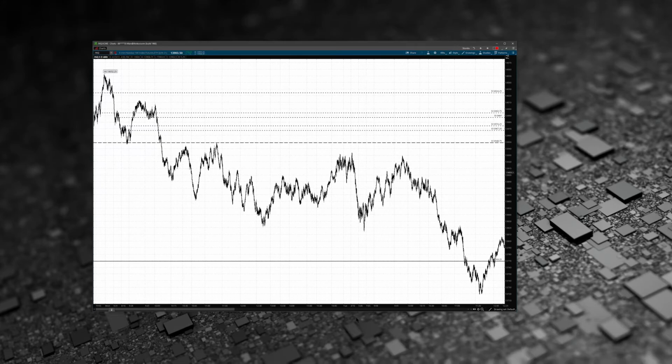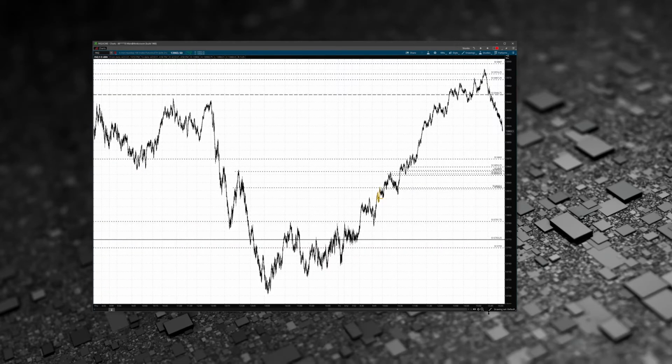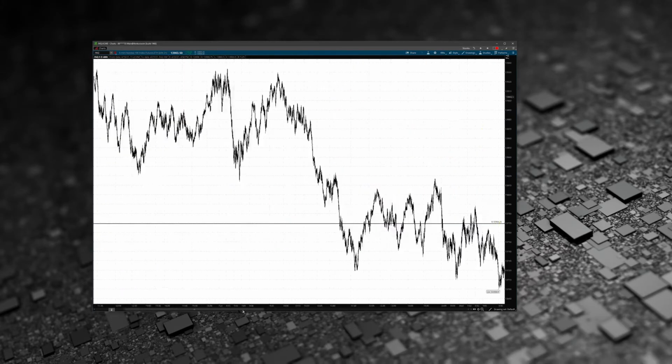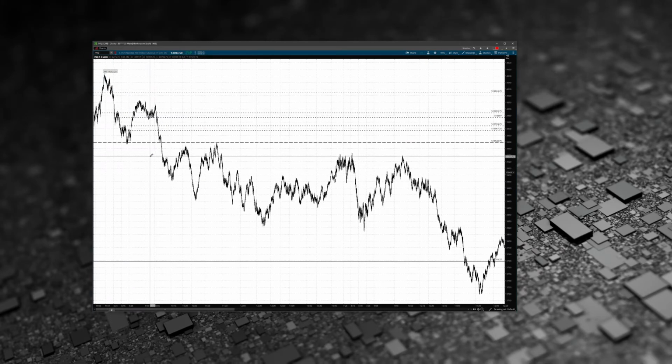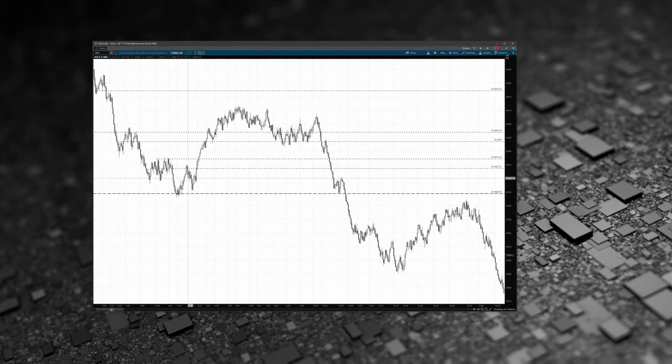Let's see. We're retracing 13,993. No, 13,974. That level, this level.